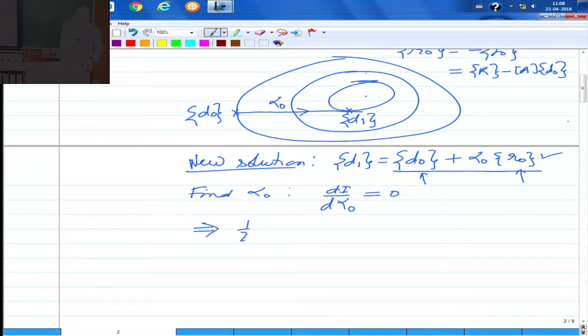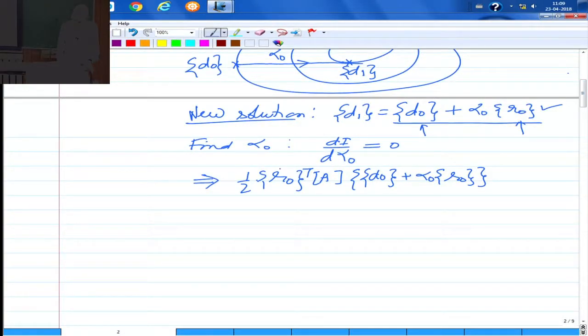So we had half, and then the derivative of the first one with respect to alpha naught will actually give you R naught, so we will have R naught transpose into A. This I had done, you can refer to your notes. And then here of course we have the entire d1, which is d naught plus alpha naught into R naught. So this is one term.